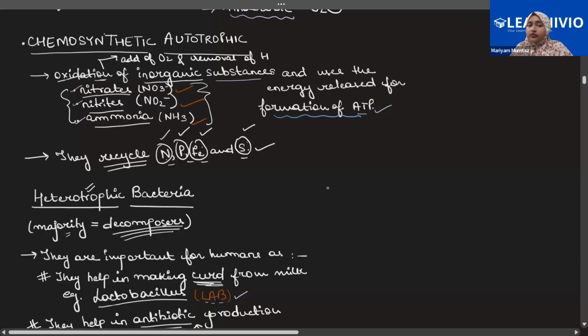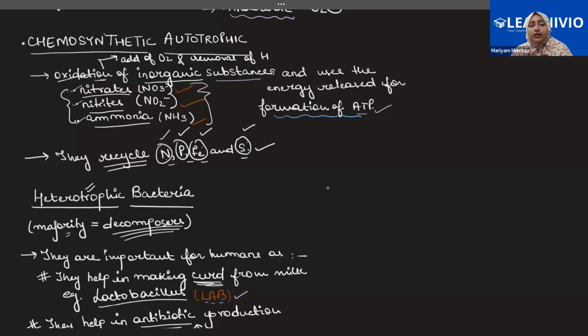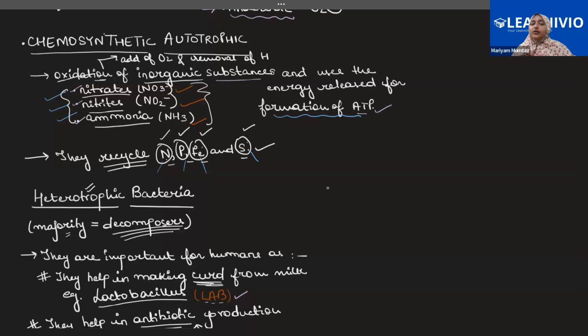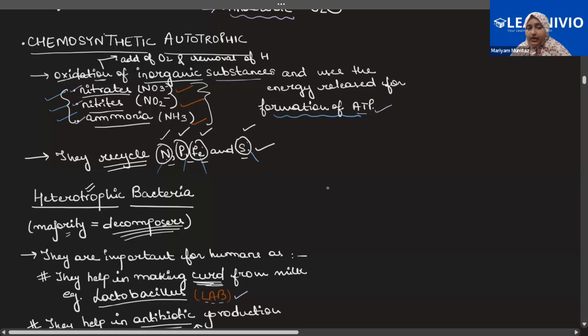So for the formation of ATP, certain inorganic substances are used, and we call that type of nutrition the chemosynthetic autotrophic mode of nutrition. Now, what are those inorganic substrates that are taken? We take nitrates, nitrites, and ammonia. They recycle nitrogen, phosphorus, iron, and sulfur. So these are all the characteristics of the chemosynthetic autotrophic organisms.